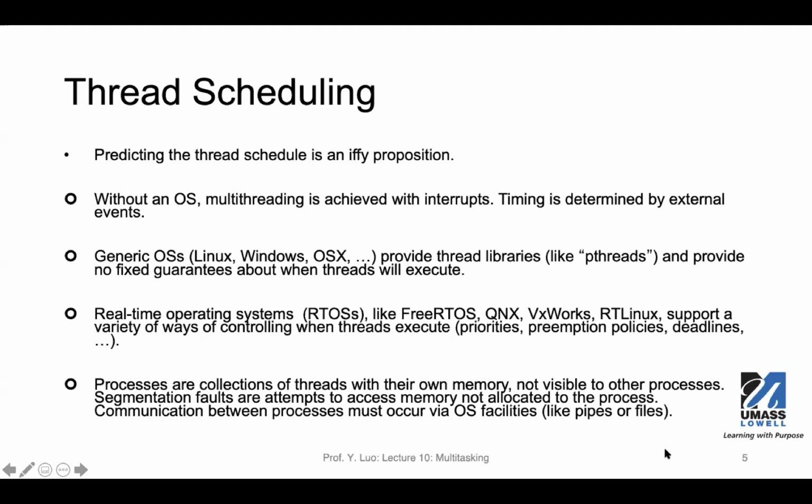Segmentation faults are attempts to access memory not allocated to the process. So when you have a process, you are given certain resources, especially memory space. You can only access this memory space. If the process tries to access the memory space allocated within another process, then that will cause segmentation fault.